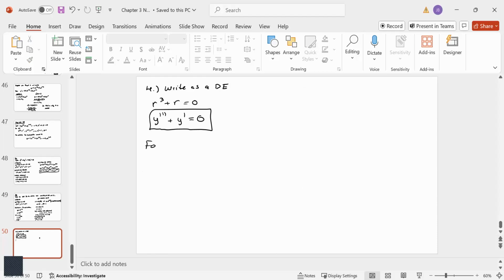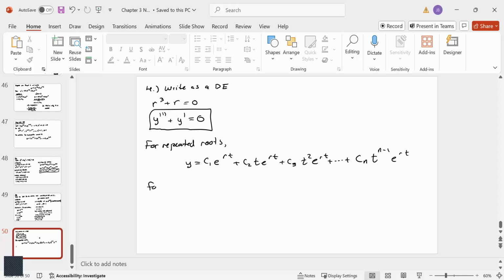So, for repeated roots, you're going to have the following. y is equal to C1 e to the rt plus C2 t e to the rt plus C3 t squared e to the rt plus dot dot dot plus Cn, if you go to the nth order differential equation, t to the n minus 1 e to the rt, for algebraic multiplicity equal to n.